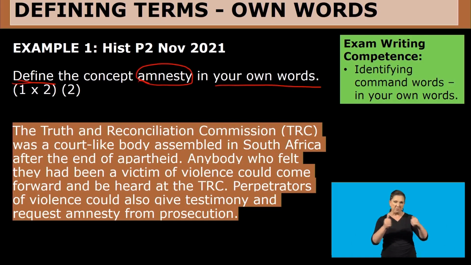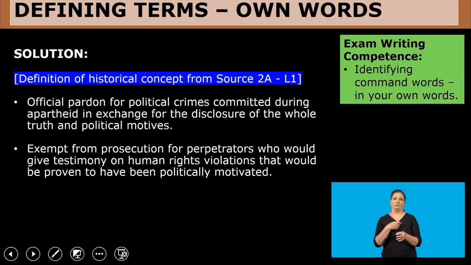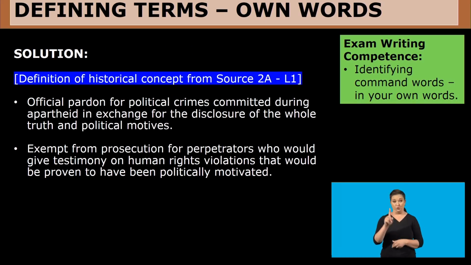Anybody who felt they had been a victim of violence could come forward and be heard at the TRC. Perpetrators of violence could also give testimony and request amnesty. So there is the word there appearing in the source. Now you have to define it in your own words. So the possible response there is official pardon. Okay, you have to say it is official.